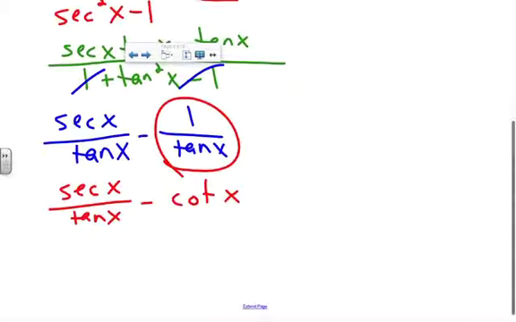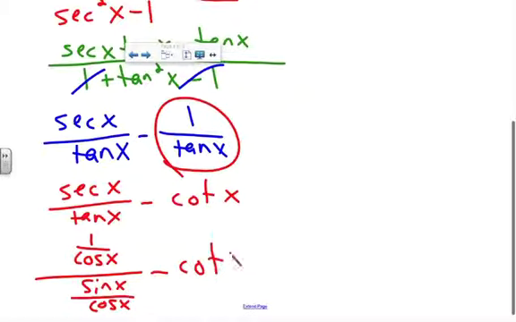All right, now I've got to clean up this secant x over tangent x. So what is this? This is 1 over cosine x over the sine of x over cosine x.